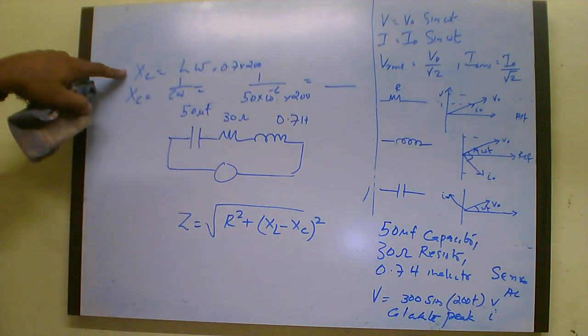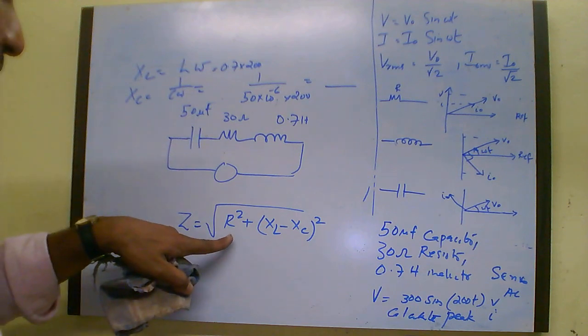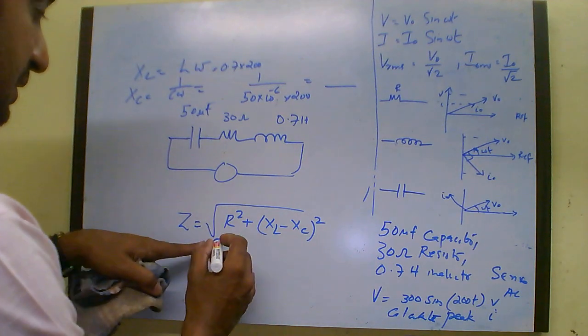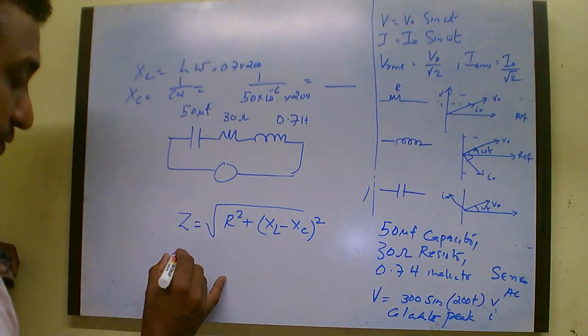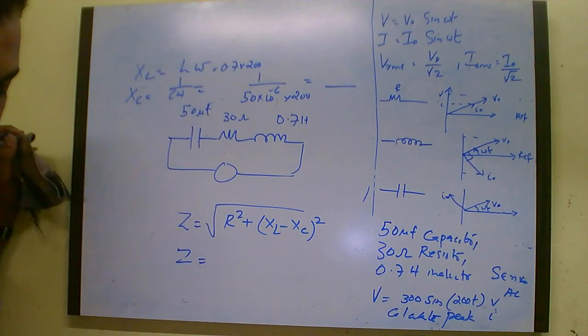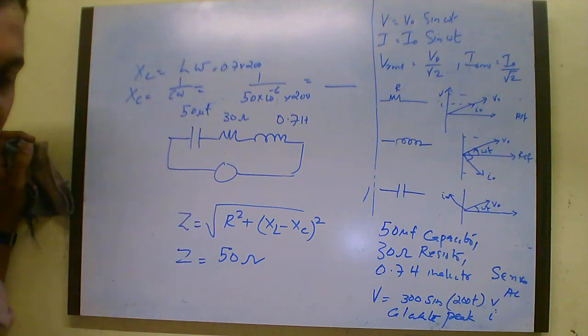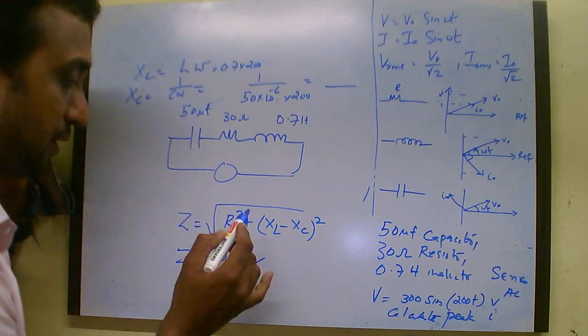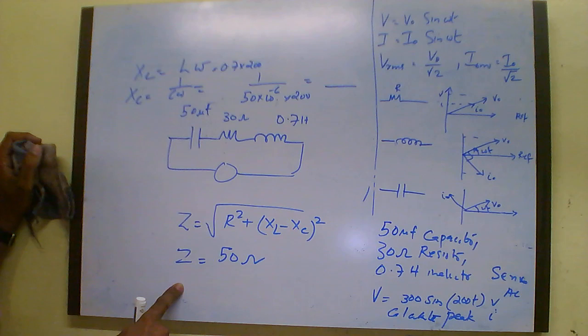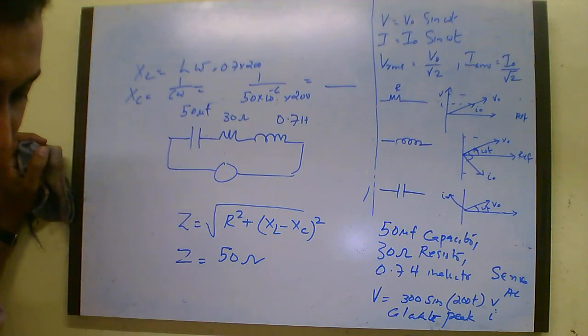So you have XL, XC and the R value. Once you substitute all these in this equation, you get Z equal to 50 ohms.